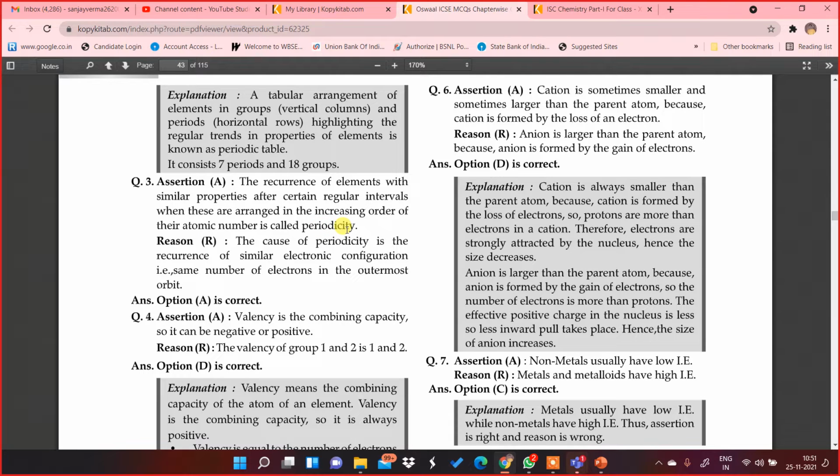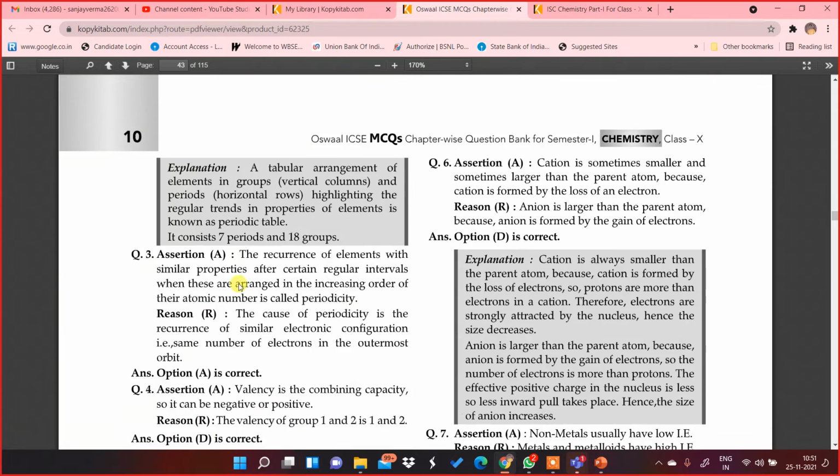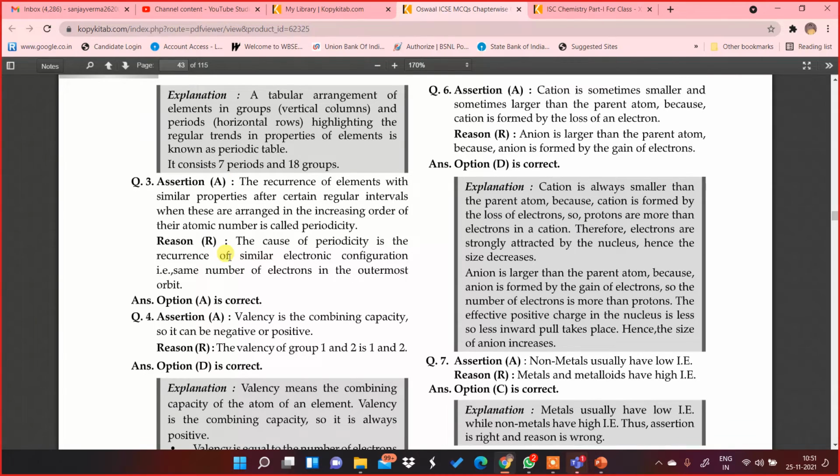That is true. Now reason: the cause of periodicity is the recurrence of similar electronic configuration, that is the same number of electrons in the outermost shell or orbit. So A is true, R is also true, so option A is correct. Both A and R are true, and R is the correct explanation of A. That is the answer for number 3.